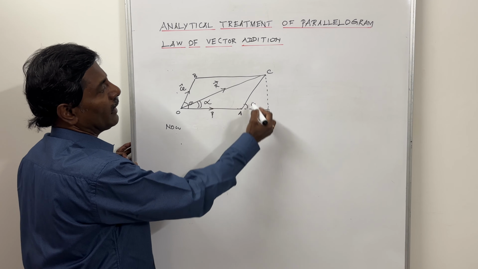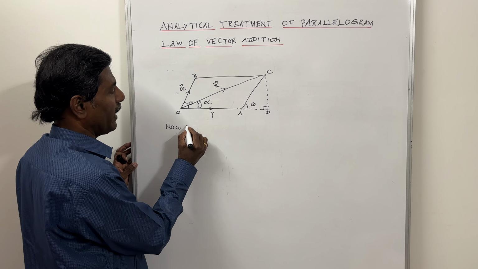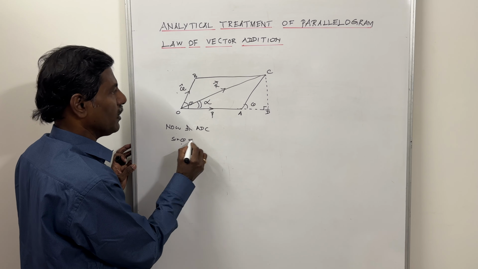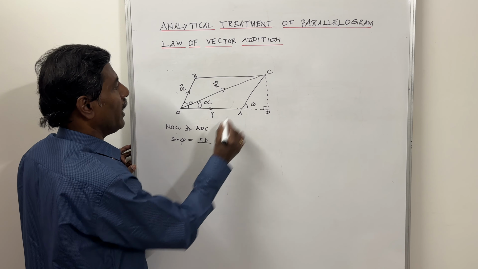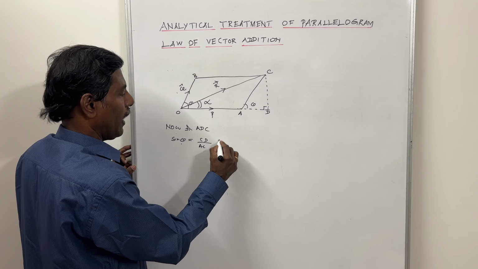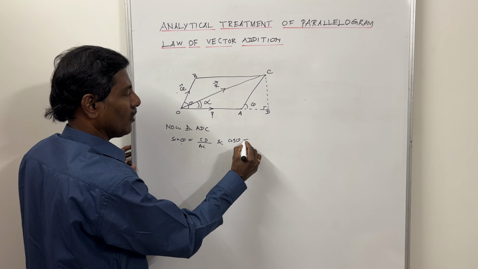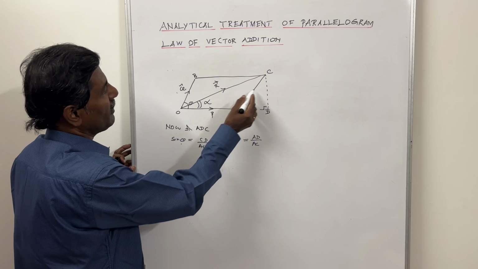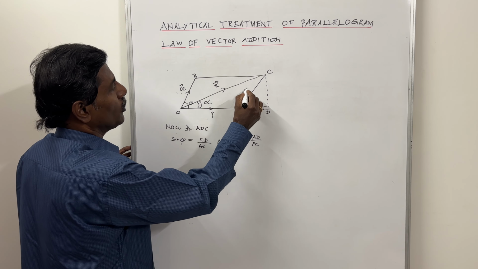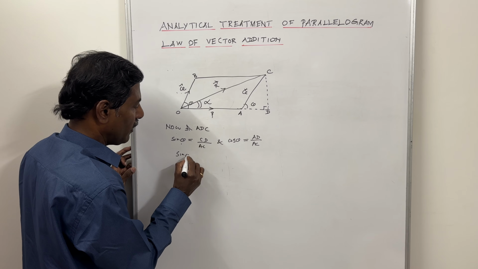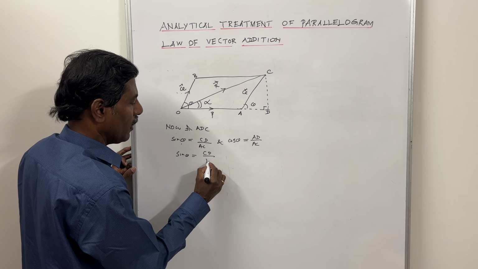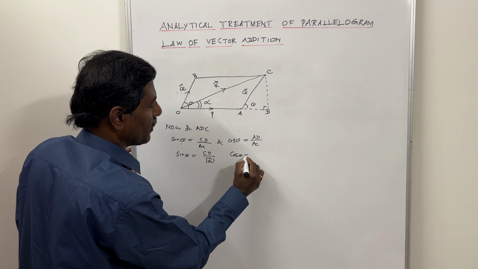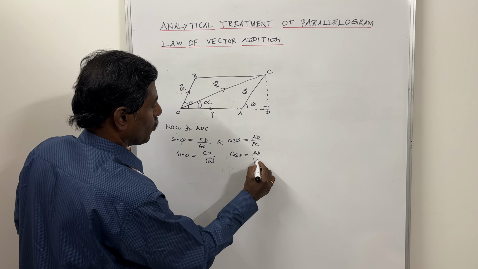Now in right angle triangle ADC, sin theta is equal to CD by AC and cos theta is equal to AD by AC. Here AC is equal to the Q vector, that is why sin theta is equal to CD by modulus of Q vector and cos theta is AD by modulus of Q vector.